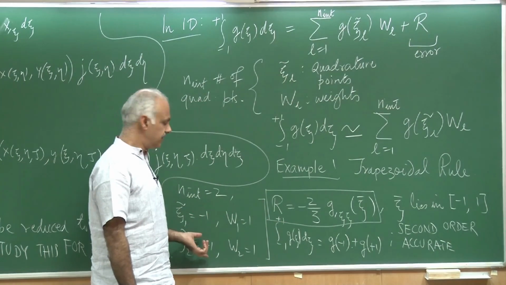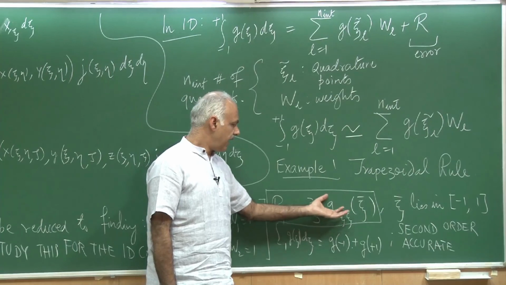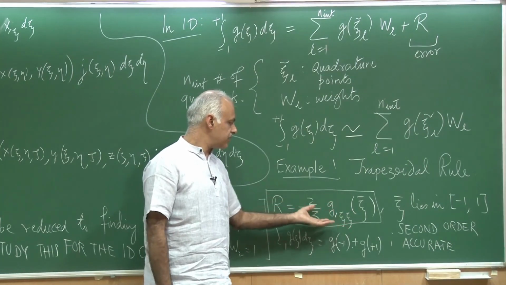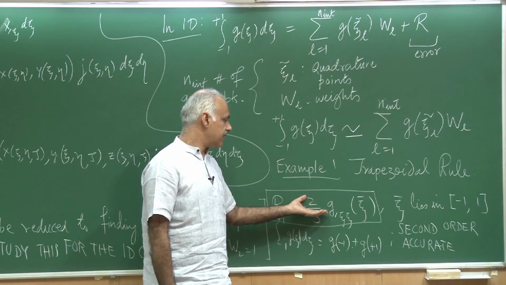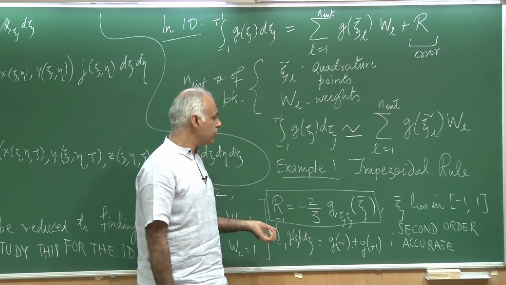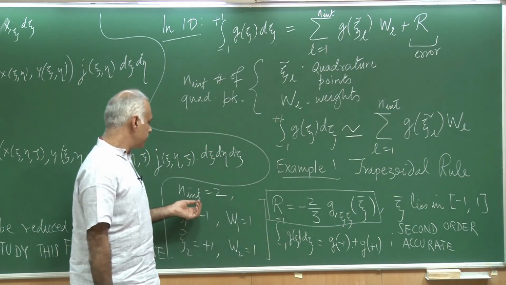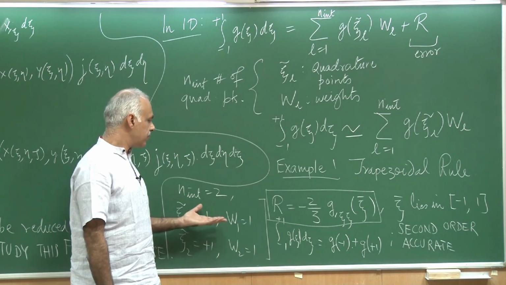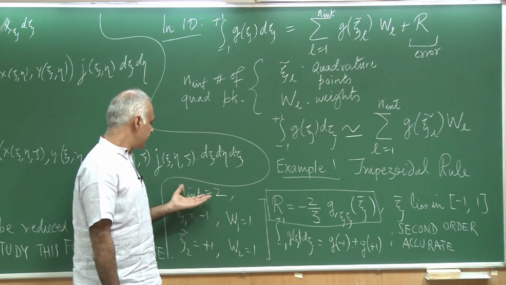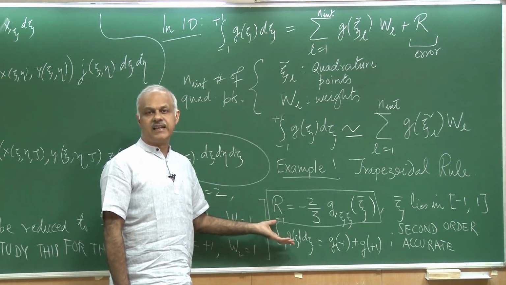There are 2 points and there is a certain error associated with it, and the larger this value, the larger would be the error that you incur. Obviously, if you want to come up with a better rule, then you would have to use more integration points. So, I will now give you an example where we will increase the number of integration points and then see what is the error that we incur.